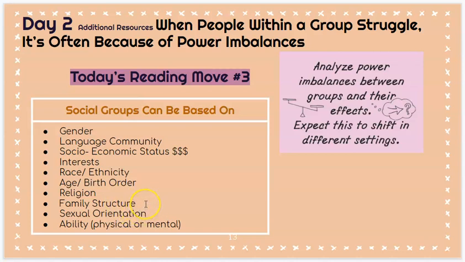Is it based off of the family structure? Do quote-unquote girls have certain roles to do and quote-unquote boys have other roles to do? It can be based off of their sexual orientation, how they identify themselves. And it could be based off of ability. It could be physical or mental. What are they capable of doing?